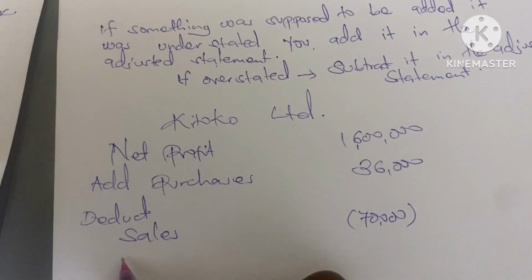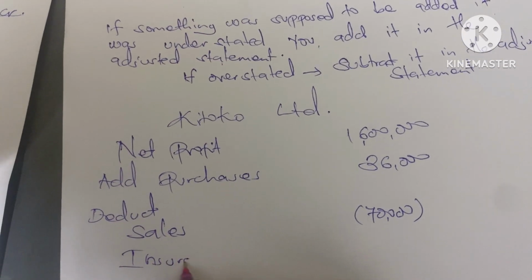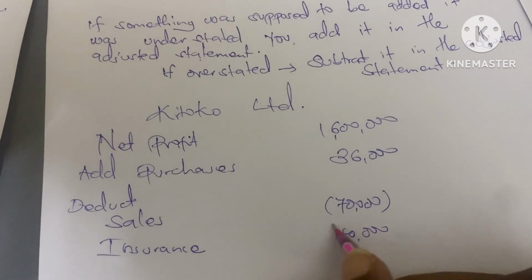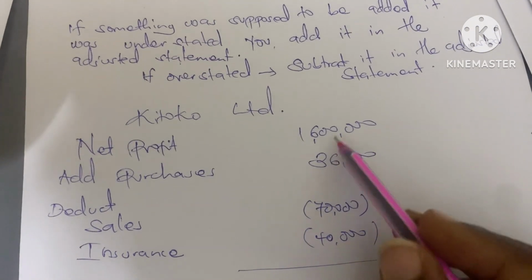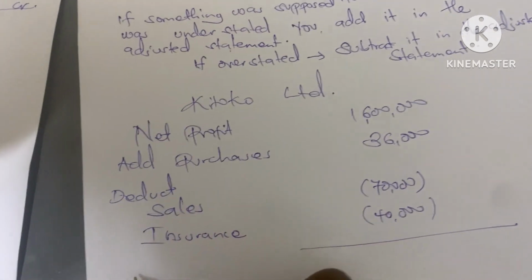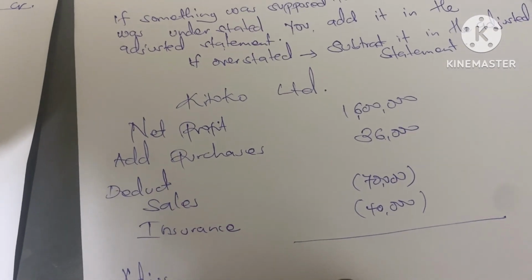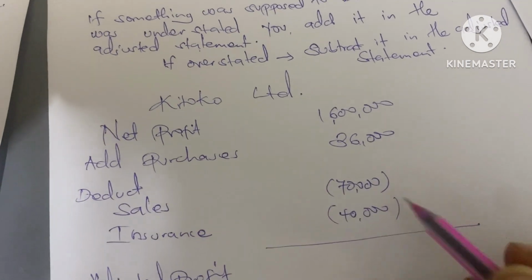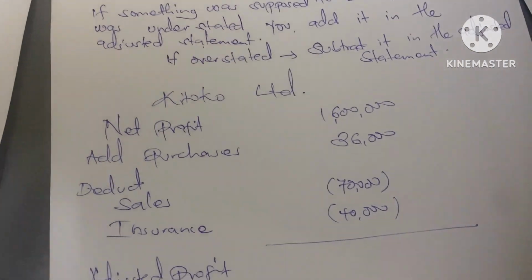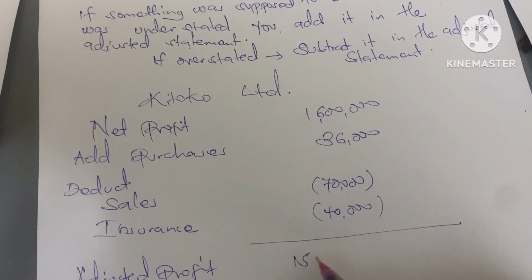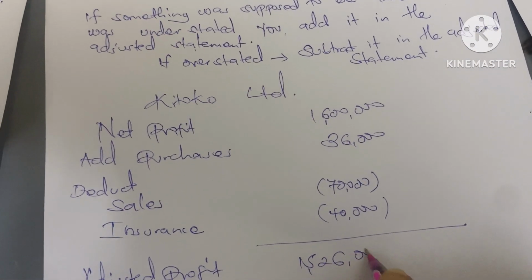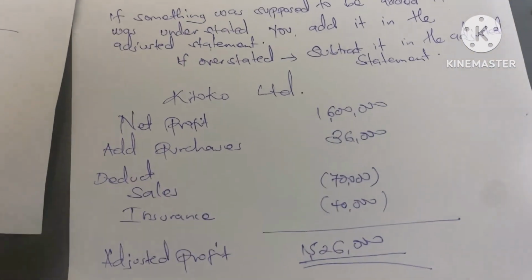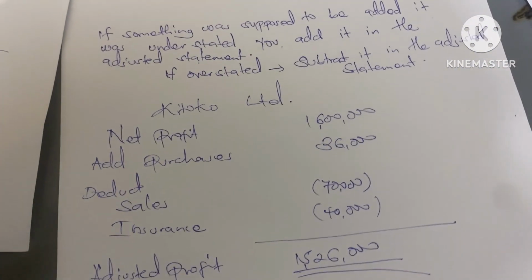So we are going to come here and write insurance 40,000, like that. So this plus this minus this, what we get will be the adjusted profit. It's going to be 1526. Yeah, so that is how we prepare the adjusted statement.